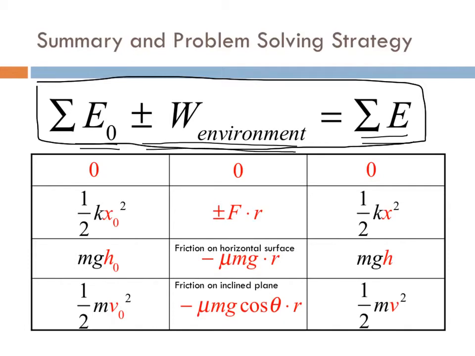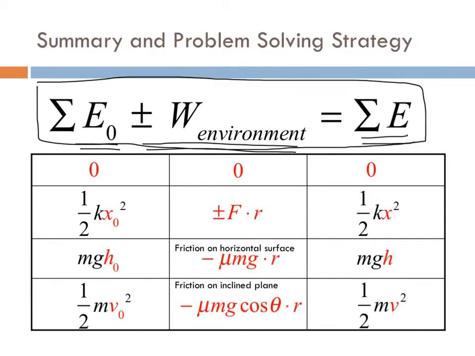Okay? So what that means is that we want to look at what type of energy we have at the beginning, what work is being done on our object, and then how that changes our mechanical energy at the very end. So this chart would be a good idea to write.